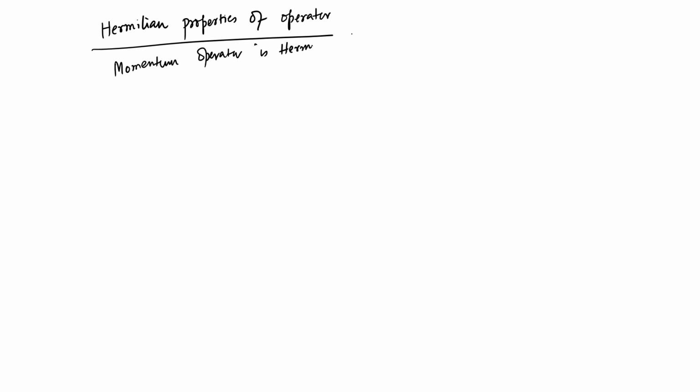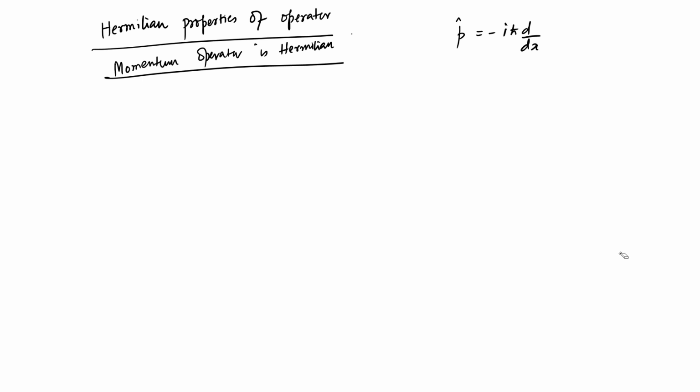And why is this question being raised? Because you have seen earlier that p is equal to minus i h cross d/dx. Of course, you can write it as del/del x, and if you want, you put a cap on that, because these are operators, and we are writing it only in one dimension.